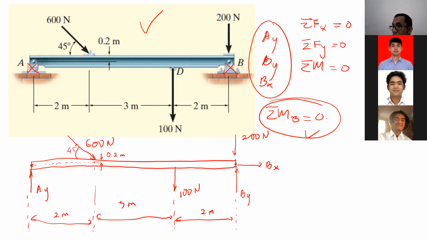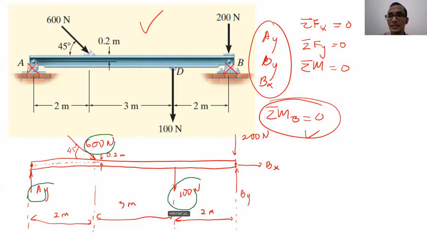Lilo. I think this one, this, and this. Yes, correct. We have three forces which will affect the moment at point B, right? So we have those three.